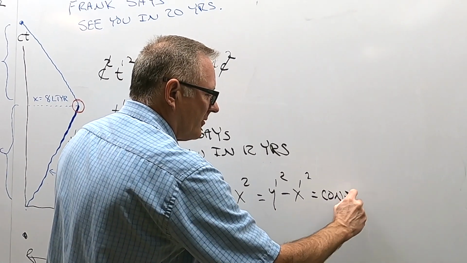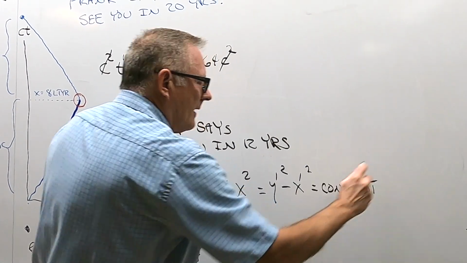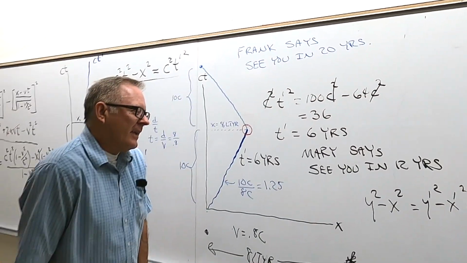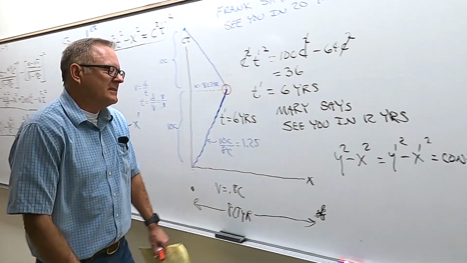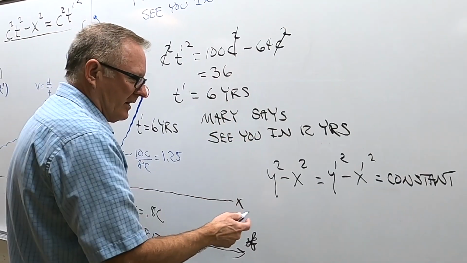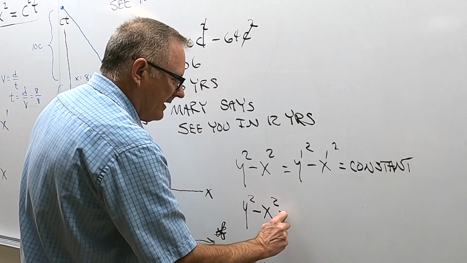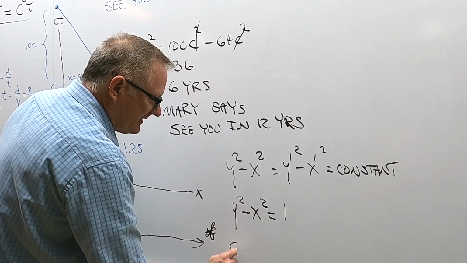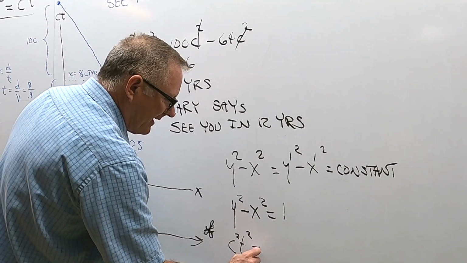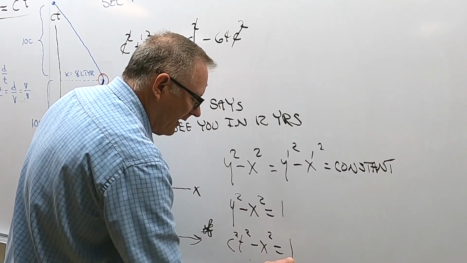For all observers, constant. I could give it any constant I want. Let's just call it 1. So let's say we have y squared minus x squared equals 1. Remember, this is really c squared t squared minus x squared equals 1.